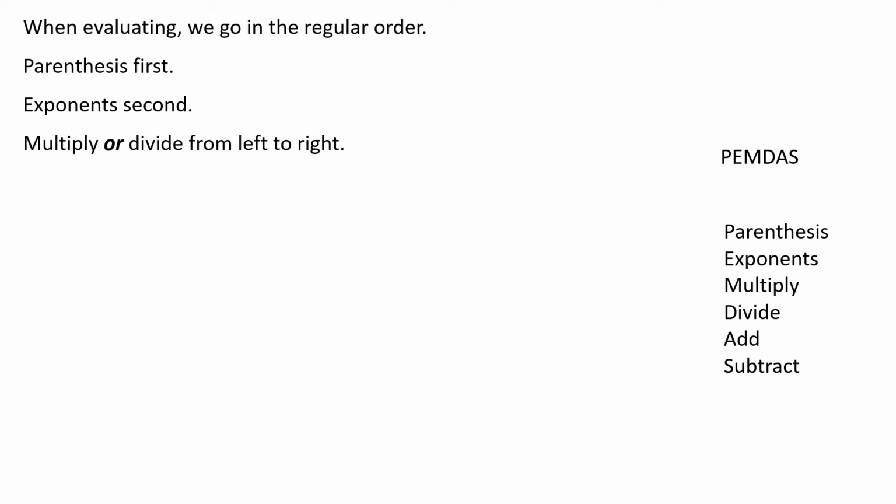Then, this is a little bit tricky, it's not multiply followed by divide, it's multiply or divide from left to right. And then finally, it is add or subtract from left to right. Right? Sometimes students think they're supposed to do all the adding before they do the subtracting. No, it's just left to right.